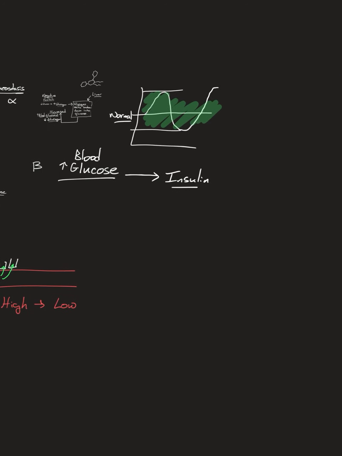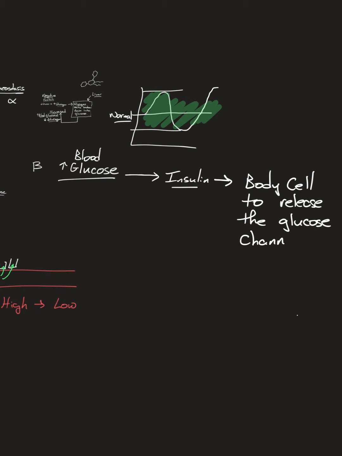So blood glucose high releases insulin. Insulin then signals the body cells to release the glucose channels. Channel proteins. These are proteins already made that allow glucose into the cell.